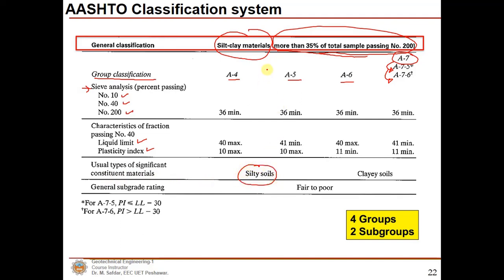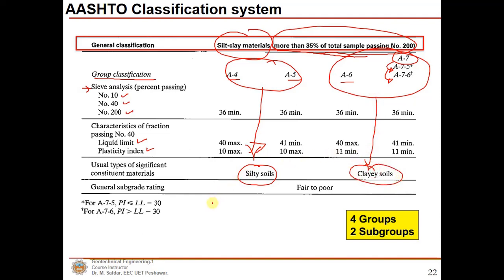These types of materials are silty soils. However, A6 and A7 are grouped as the clay soils. General subgrade rating will be fair to poor from left to right. We have 4 groups and 2 subgroups.